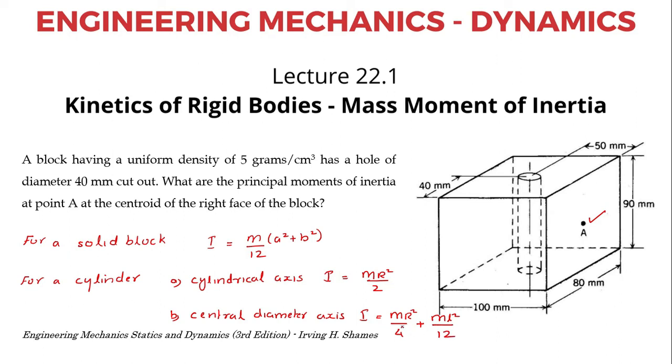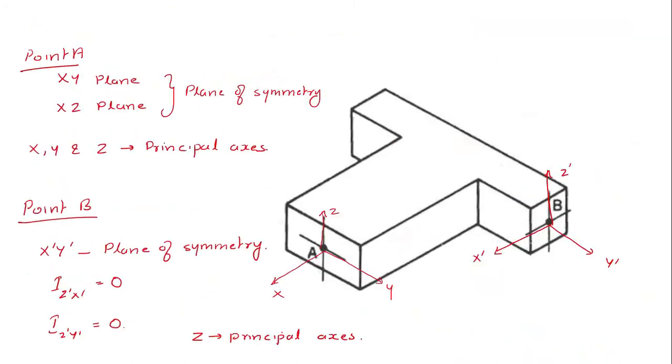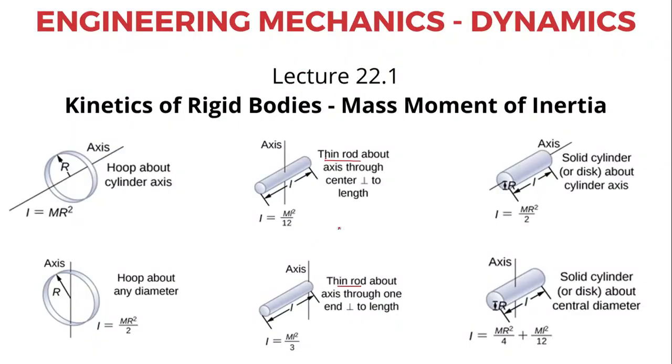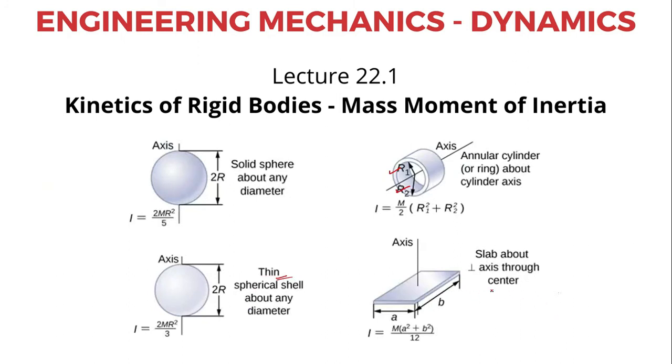Let me show you those here. So here mr square by 2 and mr square by 4 plus ml square by 12. This is for the corresponding solid cylinder, and in case of a solid block, this is the corresponding equation.